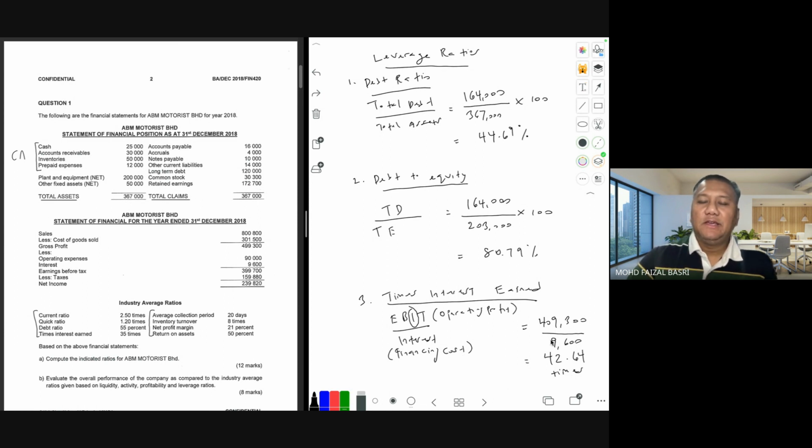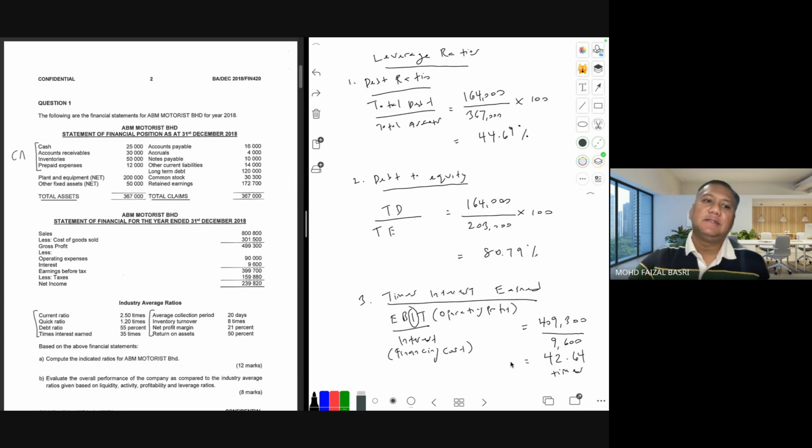So what can we compare? So dalam soalan dia bagi times interest earn is 35 times. Okay, 35 times. So untuk company ni, ABM Trace, dia punya capability dia is about 43 times. Almost 43 times. So what does it mean? Dari hutang dia yang dia kena serve 9,006 tu, the interest, okay, based on the operating profit dia, dia ada 43 kali ganda amount dia.